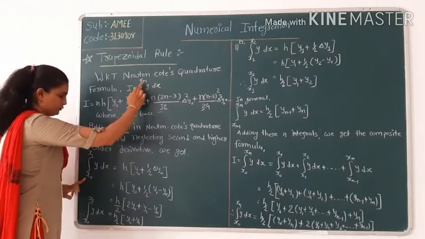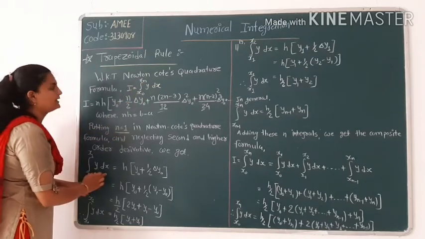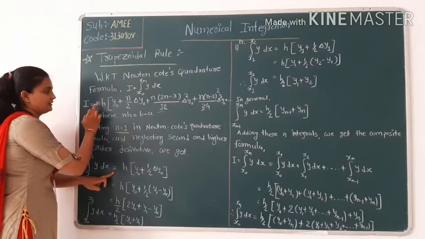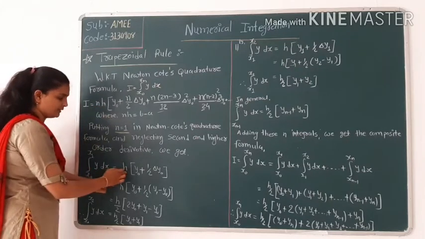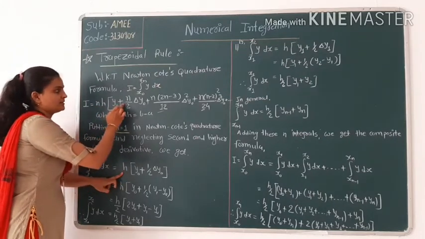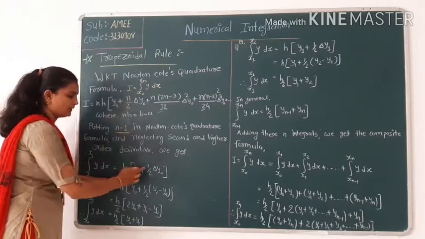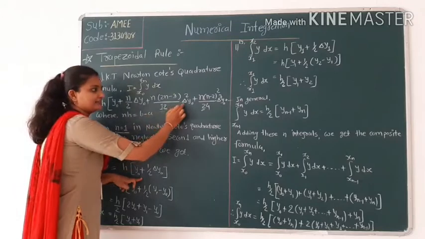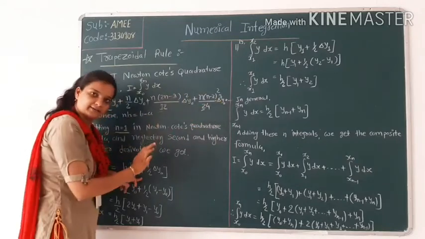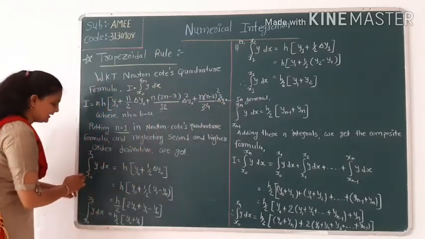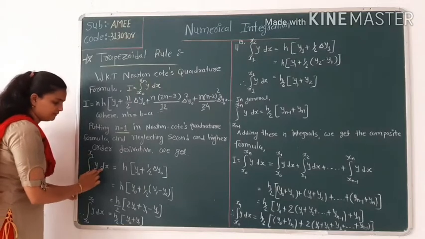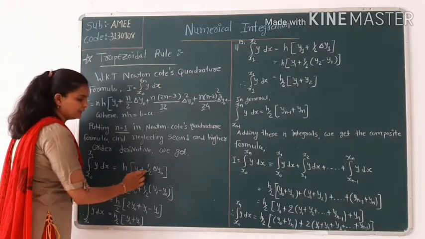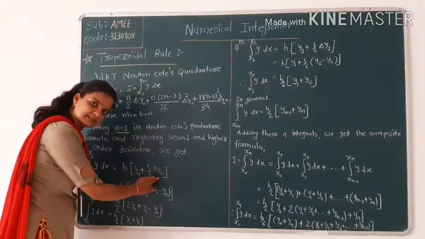So, integral x0 to x1 y dx equals h times y0 plus, putting n equals 1, 1 by 2 delta y0, and we neglect the second and higher order terms. So we have integral x0 to x1 y dx equals h [y0 plus 1 by 2 delta y0].